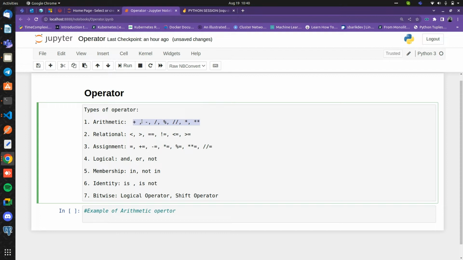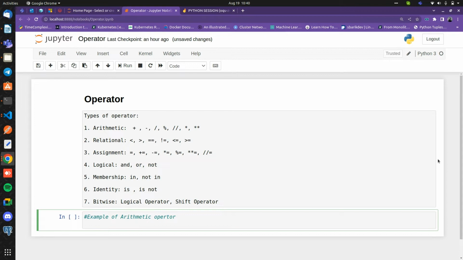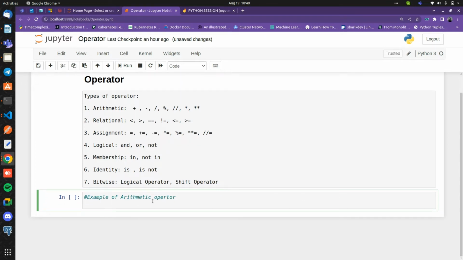That is, plus means addition, minus means subtraction. This is division, and this is called modulus, and this is called floor division. This is called multiply, and this is called exponential. Exponential means that it is the square. So let us give you the examples one by one.